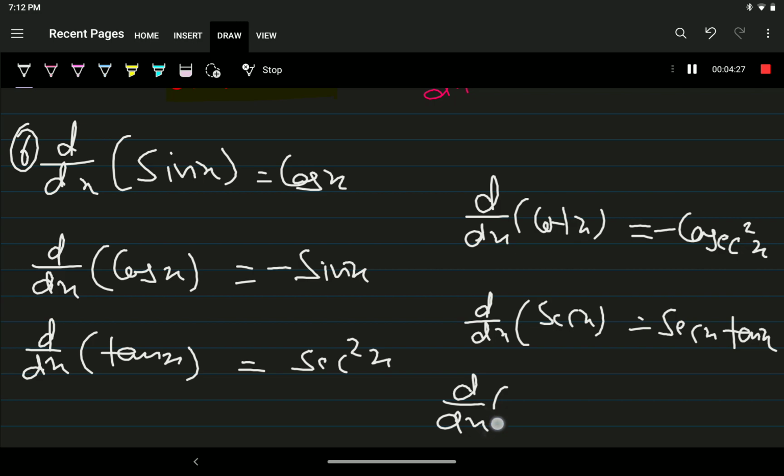Lastly, d/dx of cosec x is minus cosec x cot x. So these 6 are really important for the JEE, especially in case of trigonometric analysis.